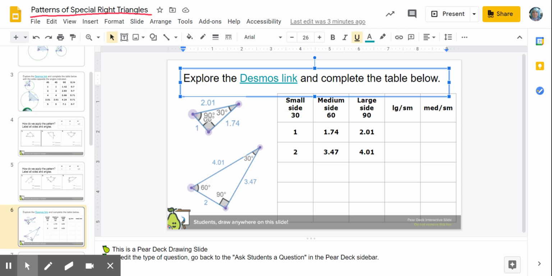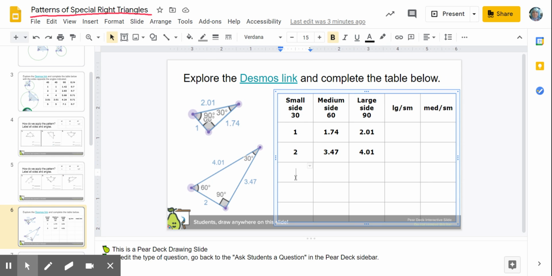And let's get a 3.5, maybe. 3.5, 6.07, and 7.01. So now let's go fill in our table and see what we've got. So we had a 3.5 and a 6.07 and a 7.01.